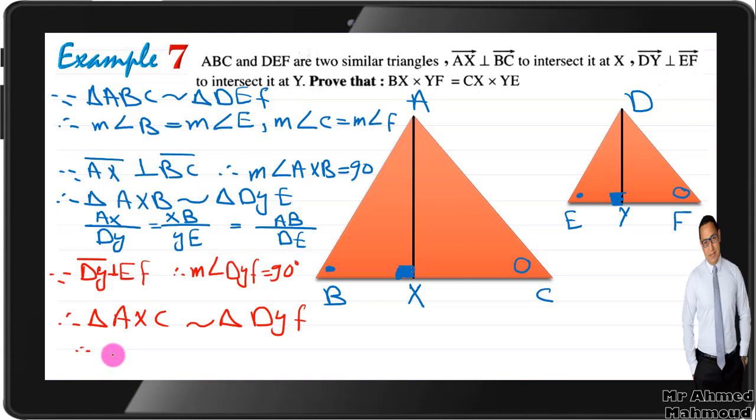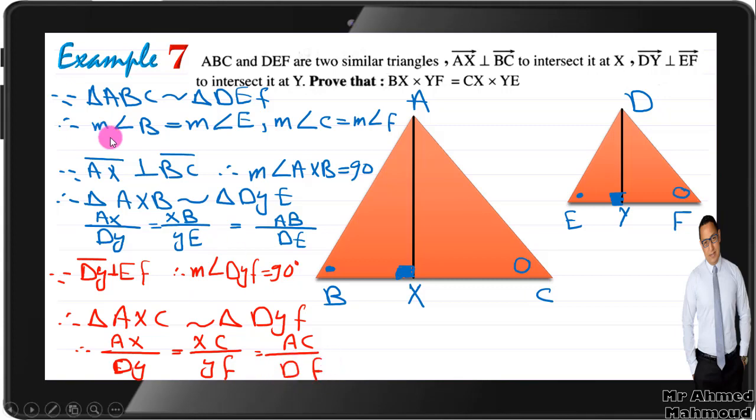Therefore AX over DY equals XC over YF equals AC over DF.